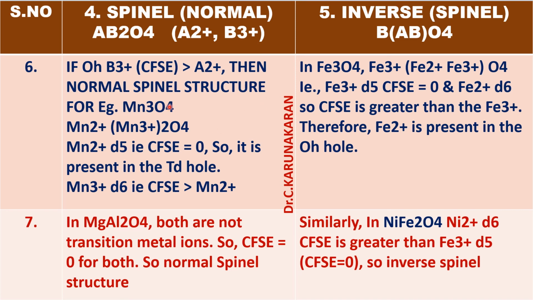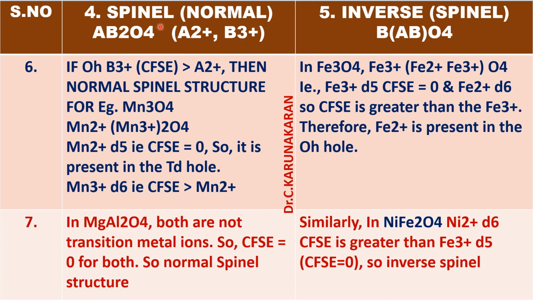For example, Mn3O4, Mn2+, Mn3+ twice, O4. Mn2+ is d5 electronic configuration, and as we have already seen in crystal field stabilization energy calculation, it is equal to 0. If the crystal field stabilization is 0 or less, it prefers to occupy the tetrahedral hole. Mn3+ is d6, so its crystal field stabilization energy is greater.